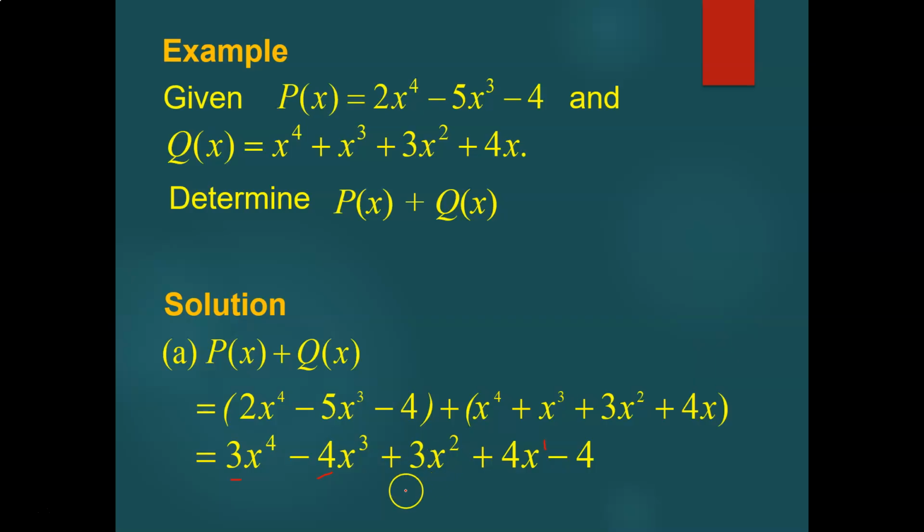Okay, find the similar term for 3x squared. You don't have any x squared over here, so just write it down back. 3x squared plus 4x. Also over here you don't have x. Okay, so teruslah tulis plus 4x and negative 4. Okay, sama juga for this one, you don't have any pair over here, tidak ada similar term, so you just write it back, negative 4. So this is the final answer. Senang saja. Easy peasy, kan?